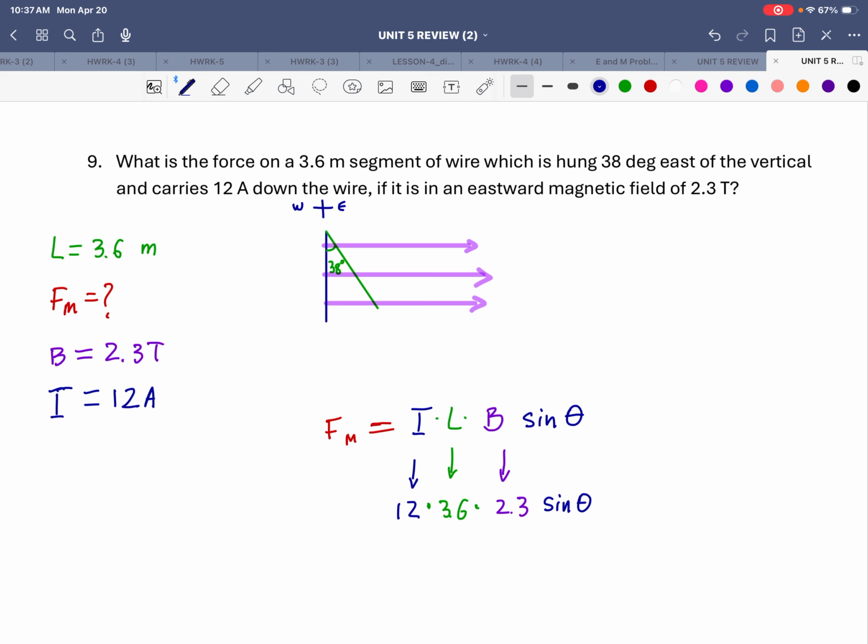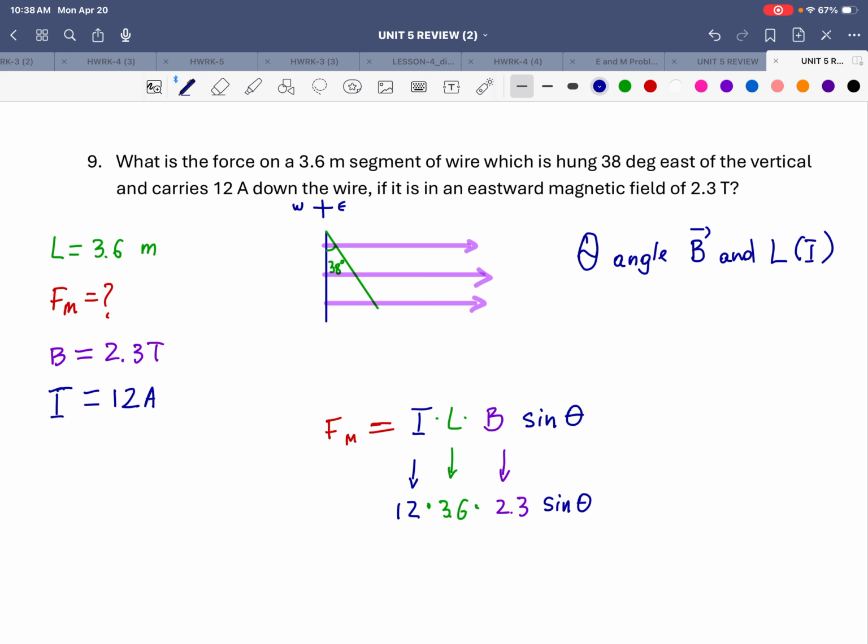Now, we have to know what theta represents. Remember that angle theta is the angle made between the magnetic field lines and the wire, or the current in the wire.